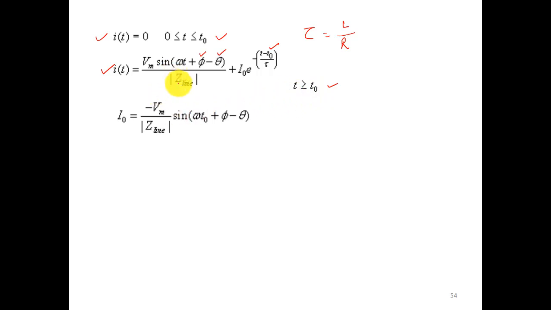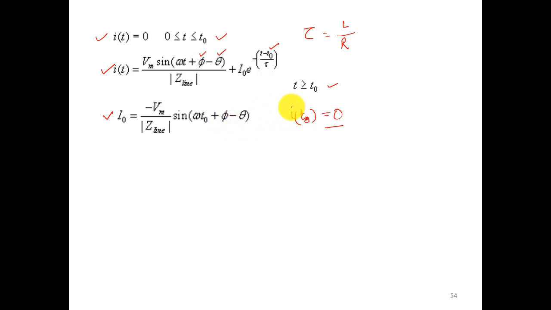How can we derive I naught? By just substituting the initial value, i(t0) equal to 0. So I naught will be equal to minus Vm by Z line sine of omega t0 plus phi minus theta.